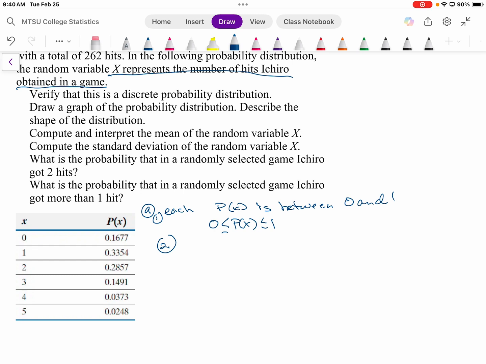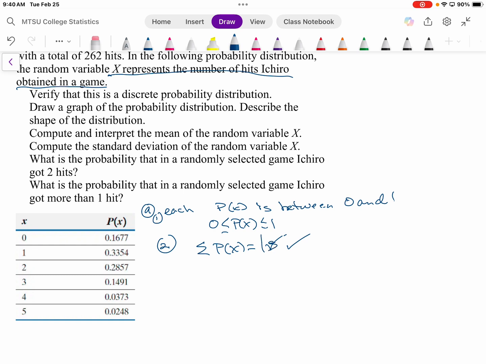We've got enough examples on the video for them to see the split screen. So, all right, let's see. 0.1677 plus 0.3354 plus 0.2857 plus 0.1491 plus 0.0373 plus 0.0248. And that does equal 1. So the sum of the P of X does equal 1. Woo-hoo. So we're good.